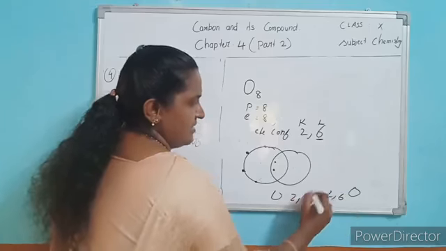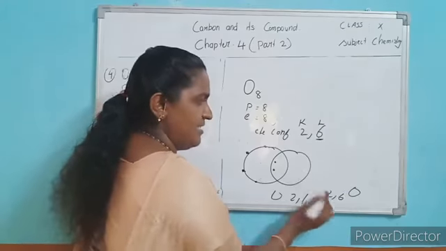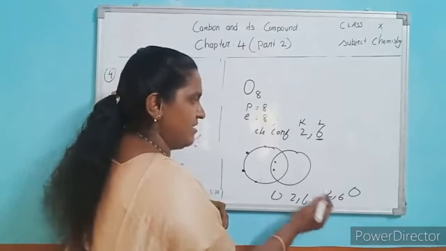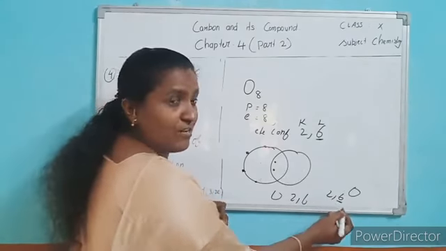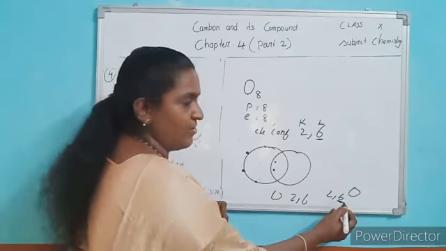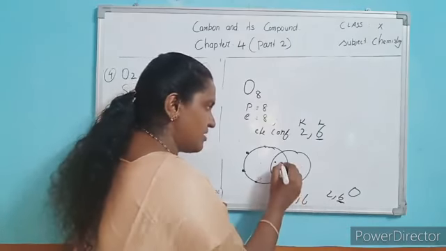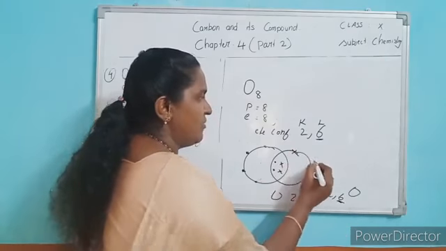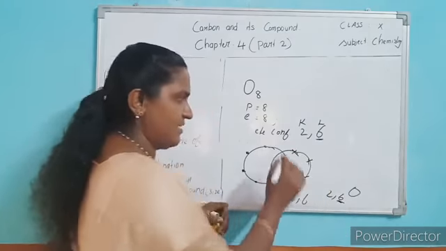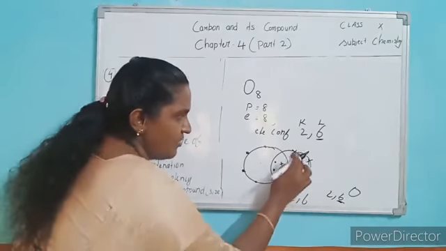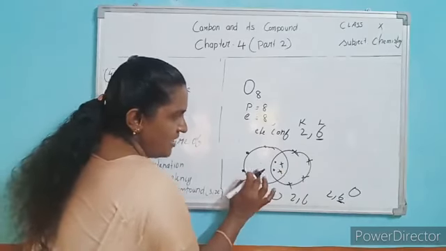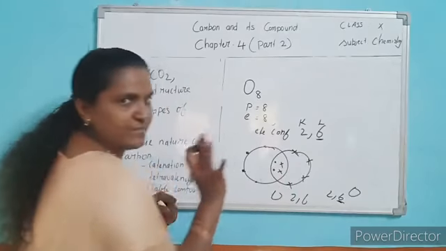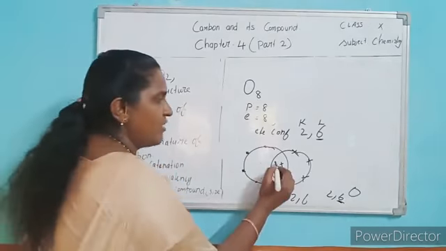You show the last shell electrons, 6. Among these 6, you write 2 here, then 3, 4, 5, 6. Like that. So this oxygen also has 6, and this oxygen also has 6. Clear? Now they go for sharing.